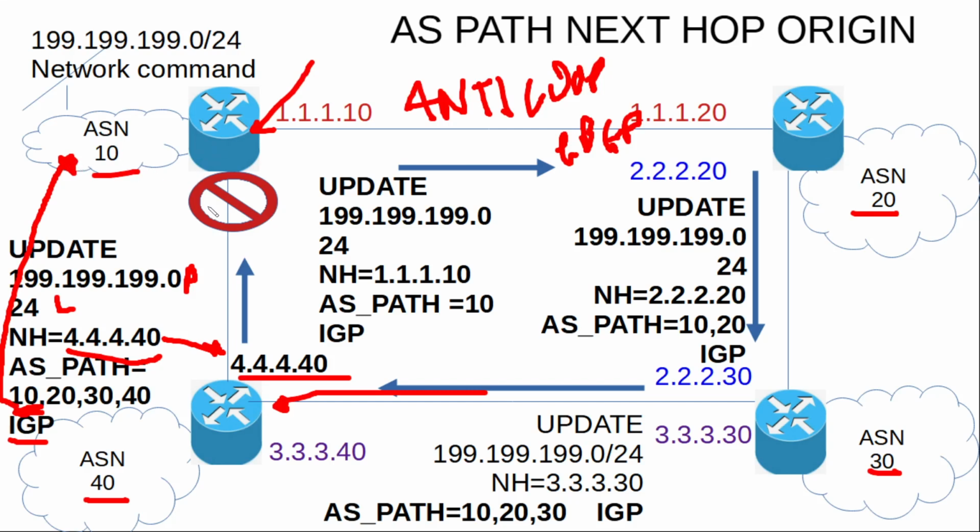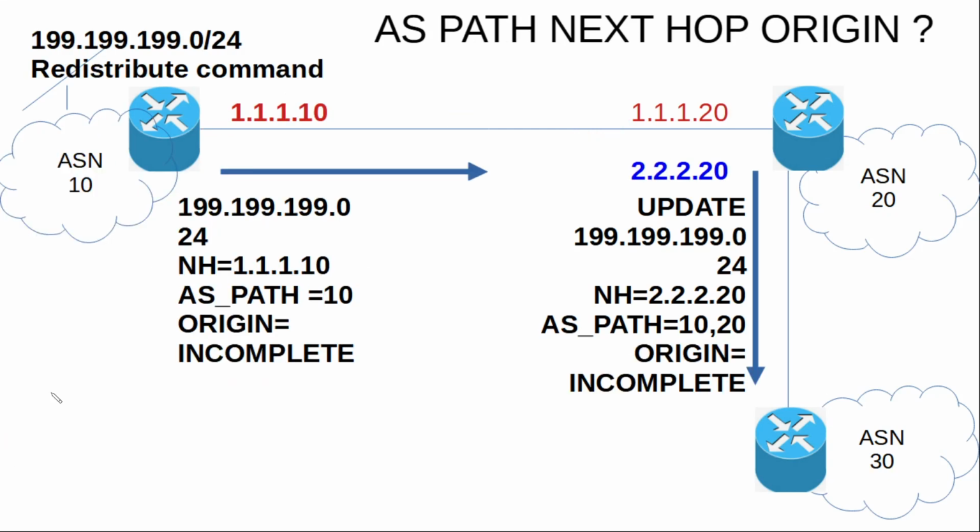So this is a loop prevention mechanism, and it is going to reject this update. Because by seeing this, it will notice that this prefix has been advertised through this autonomous system already. So we don't need another advertisement for the same prefix that has traveled through this autonomous system. So this is an anti-loop rule.